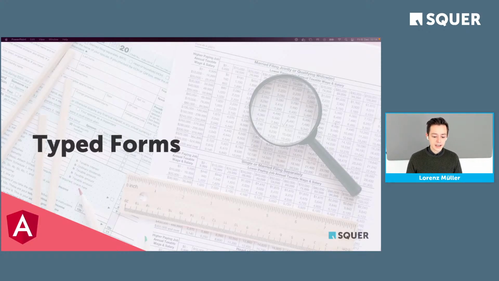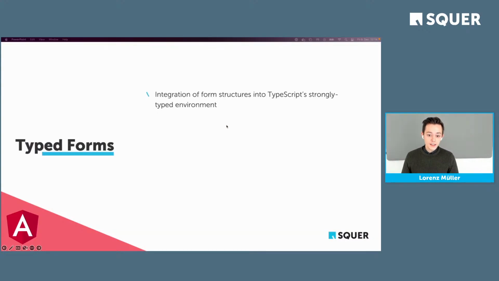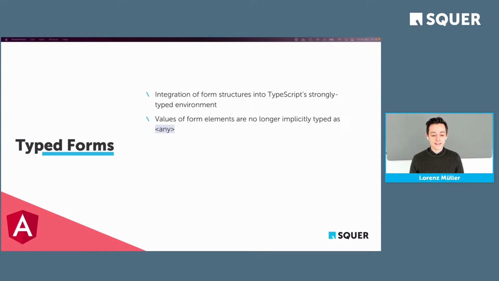Now, this is really where typed forms come into play. They are the integration of form structures, namely the reactive forms module, into TypeScript's strongly typed environment. Values will no longer be implicitly typed as any.